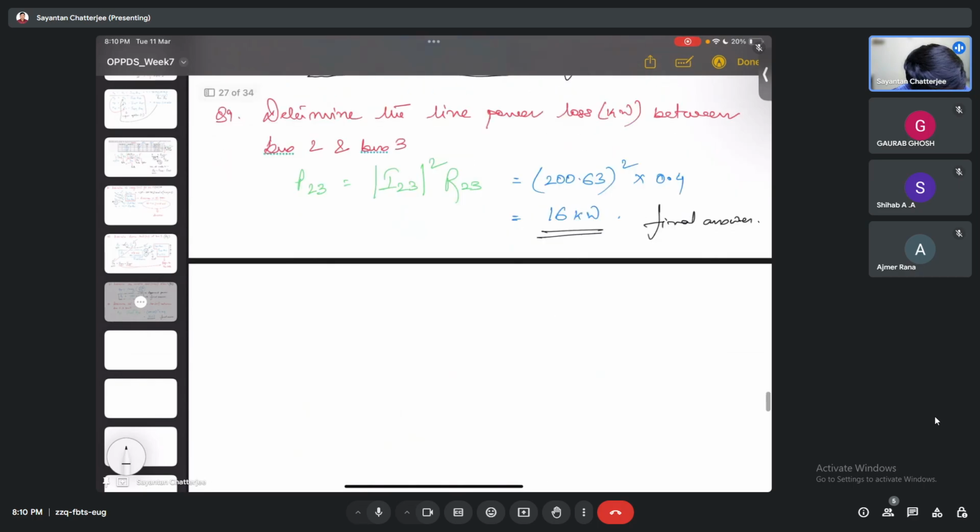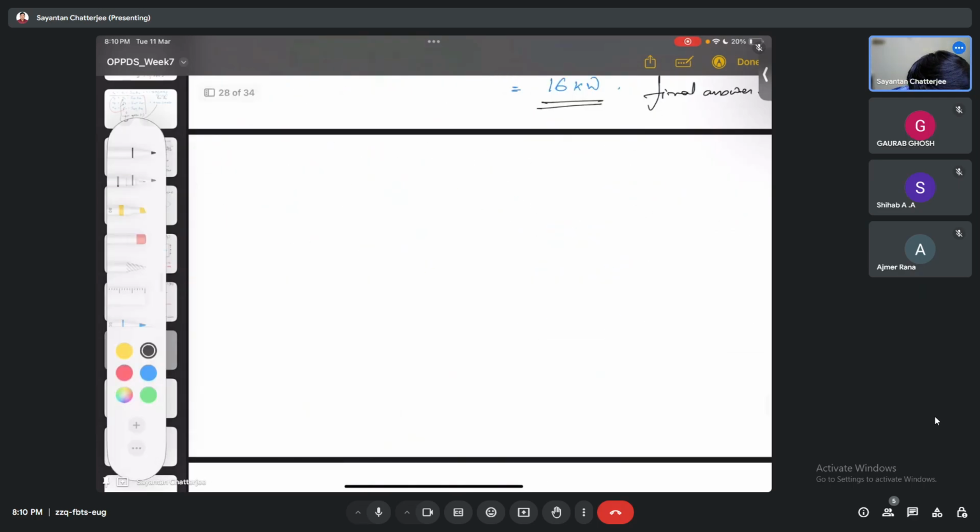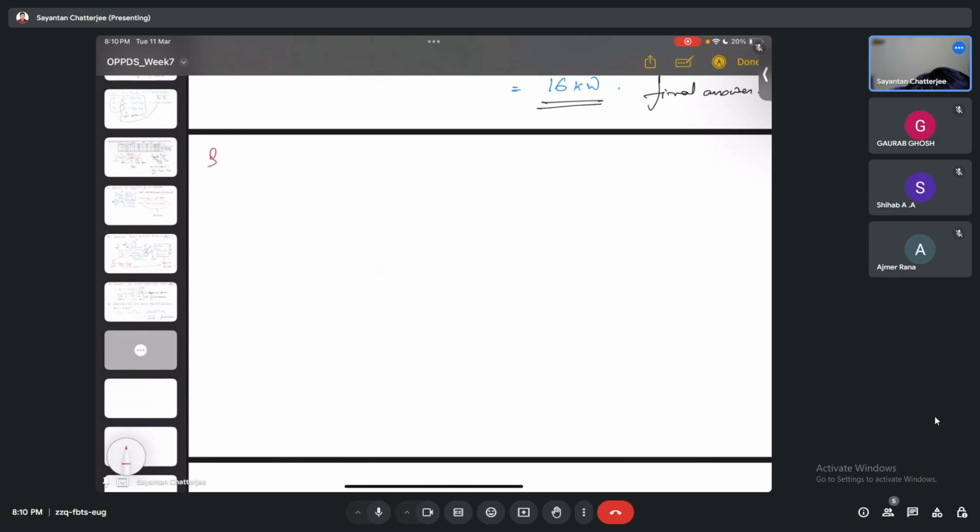So, on the last question: determine the total power loss, in kilowatt, in the distribution system.